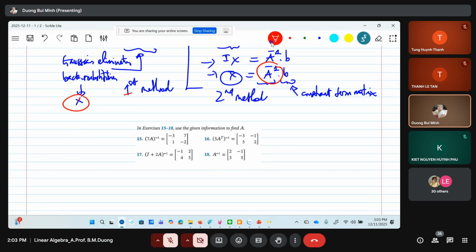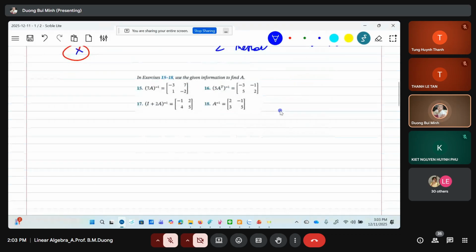Continue. So we have 5 times transpose of A to the power of minus 1.